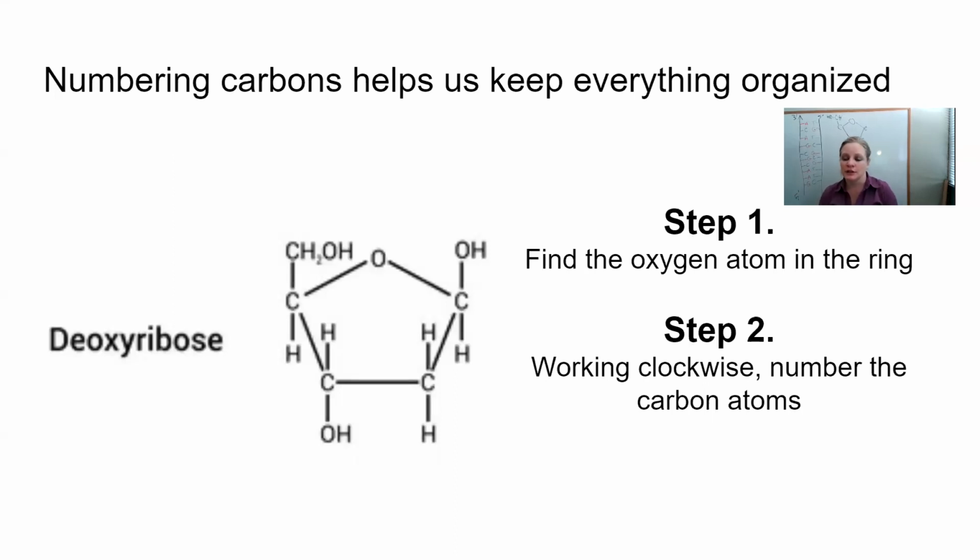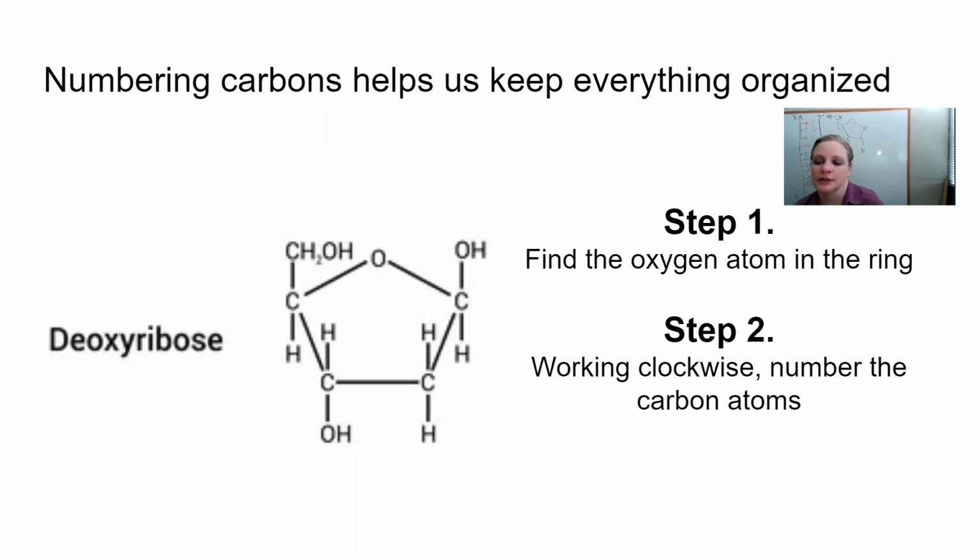So in this particular 5 carbon sugar, we've got 1, 2, 3, 4, 5 up here. This 5 carbon sugar is deoxyribose. And so it's of DNA fame. That's what gives DNA the D part of its name, because of this deoxyribose sugar.